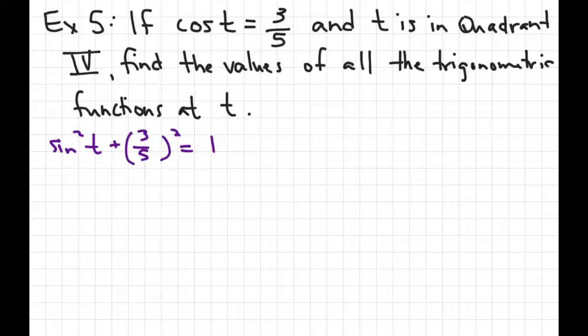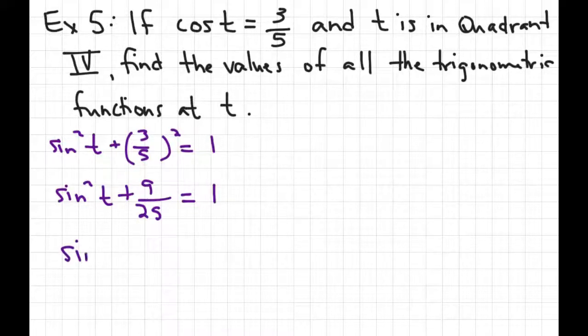Now, sine squared t, cosine squared t just says take the value of that trig function and square it. So cosine squared t says take 3/5 and square it. So sine squared t plus 9 over 25 equals 1.